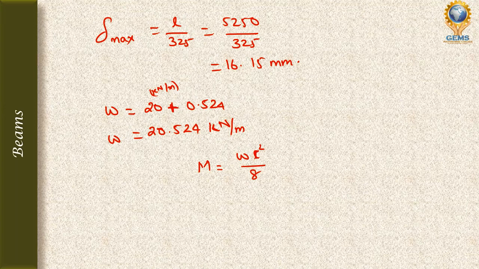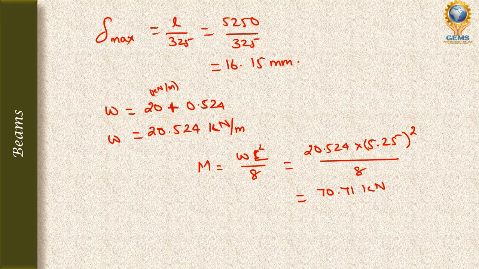So W is 20.524 kilonewton per meter into L, substituting everything in meter, square by 8. So we will get 70.71 kilonewton meter.